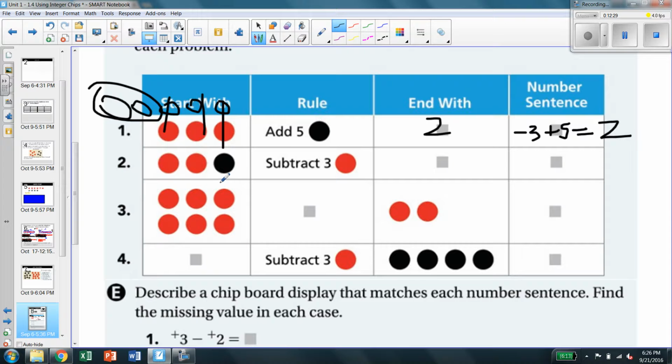Okay, here we go. Tricky. Number 2 says to subtract 3 red chips. I don't have 3 red chips. What can we do in order to handle that? Well, I can put a red chip here so that I have 3 to take away. However, when I just put a red chip there, I've changed the starting value.